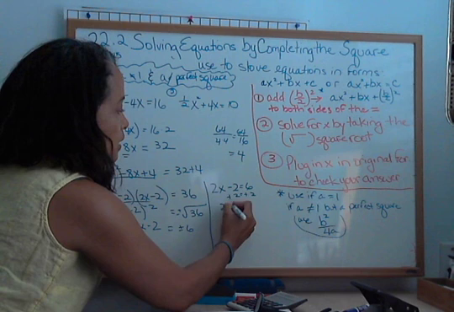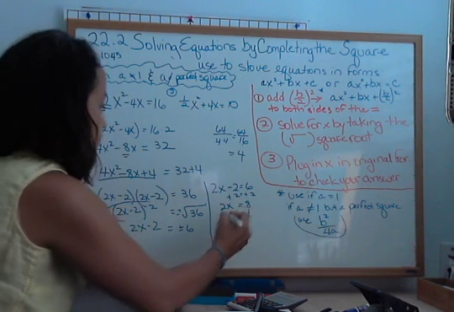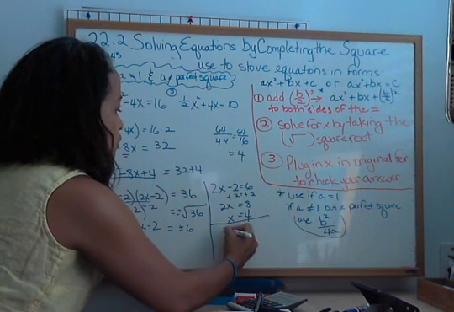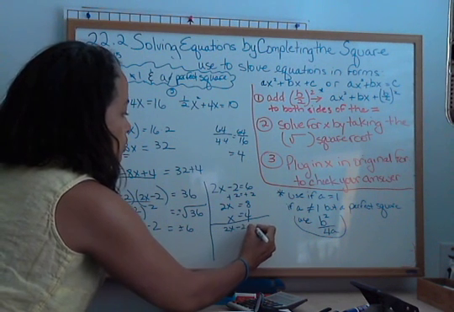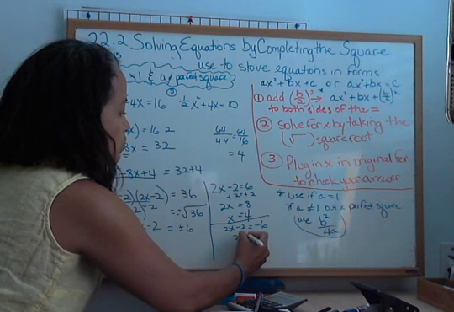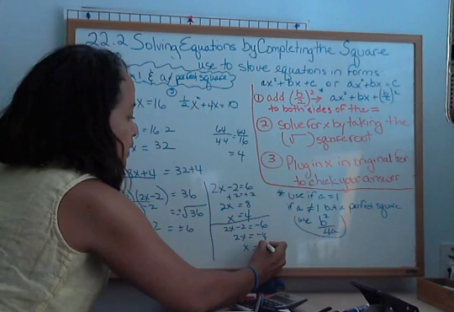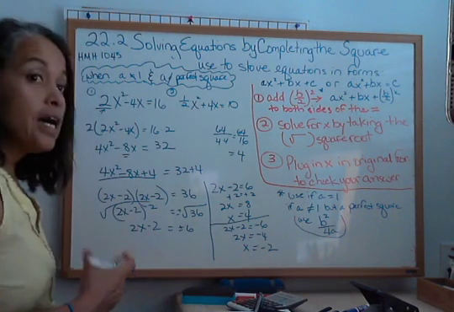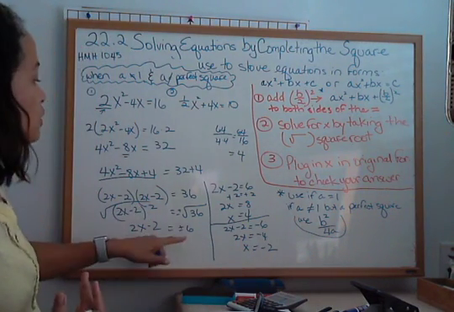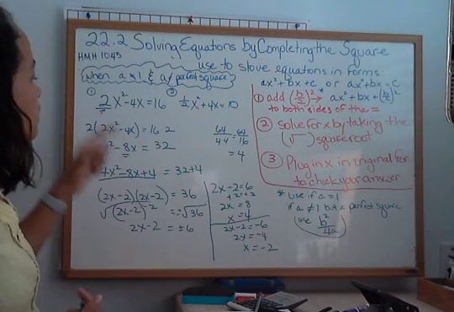It's going to be 2x equals 8, x equals 4. And if I solve 2x minus 2 equals negative 6, add 2 to both sides, 2x equals negative 4, x equals negative 2.